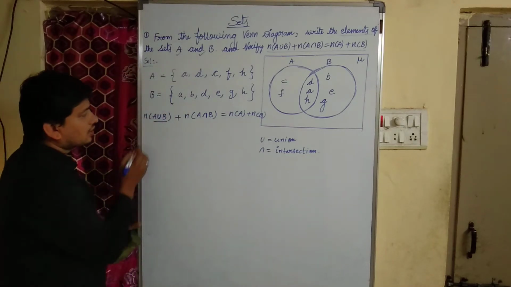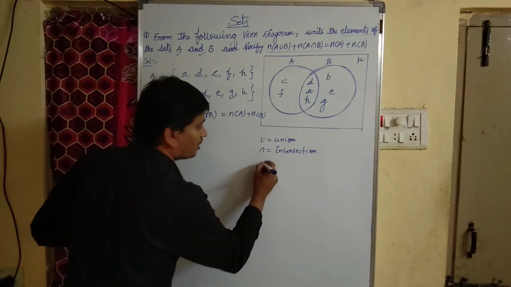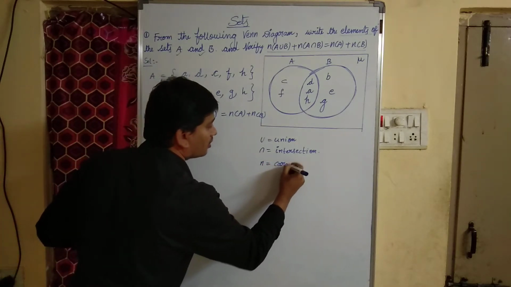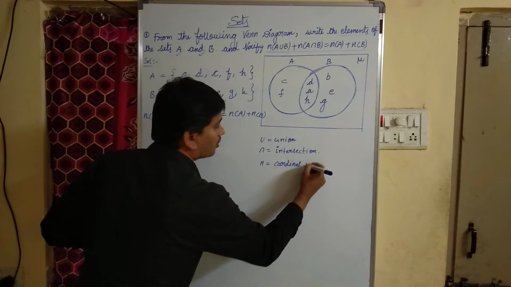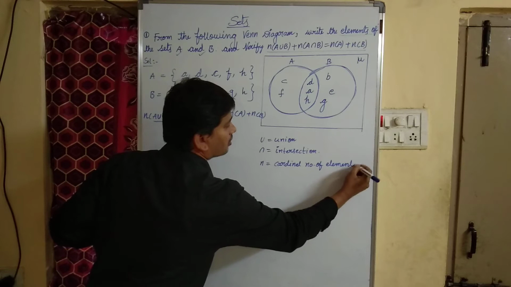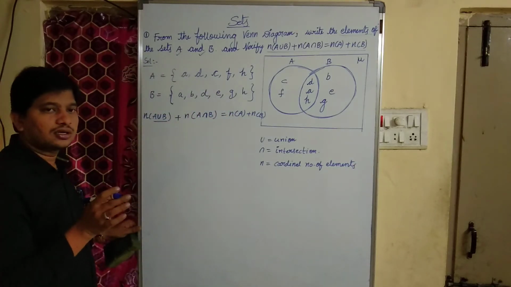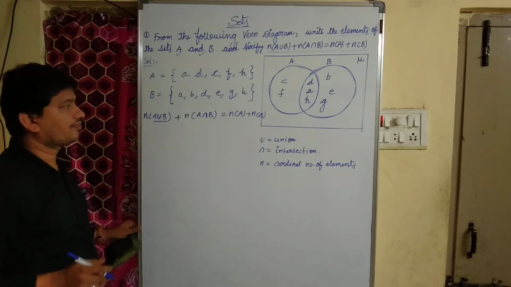Okay. So first of all, what do you mean by n? n is nothing but the cardinal number of elements. I mean how many elements a given set consists of, right?